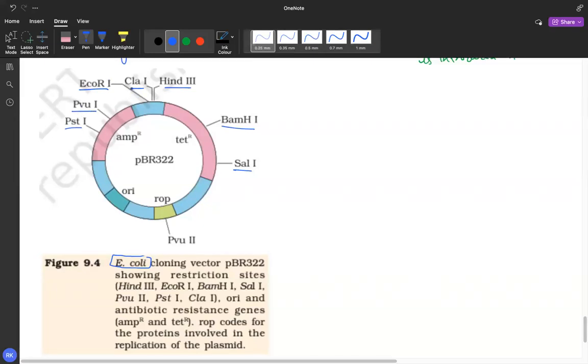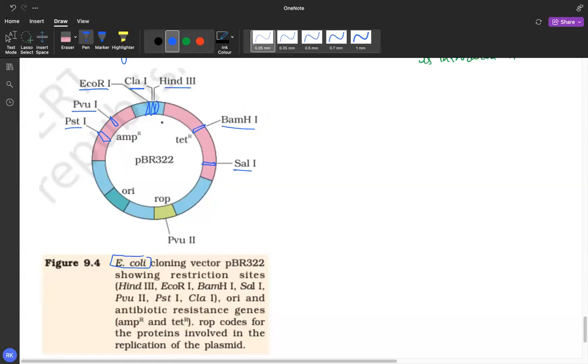All these are restriction endonucleases, and it has one site for each somewhere here in your vector. So you have the choice now. You can make the choice which one to use. Suppose you want to insert something using BamHI.